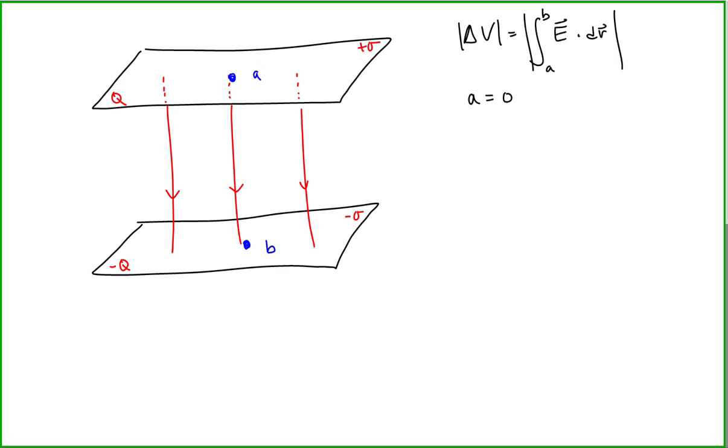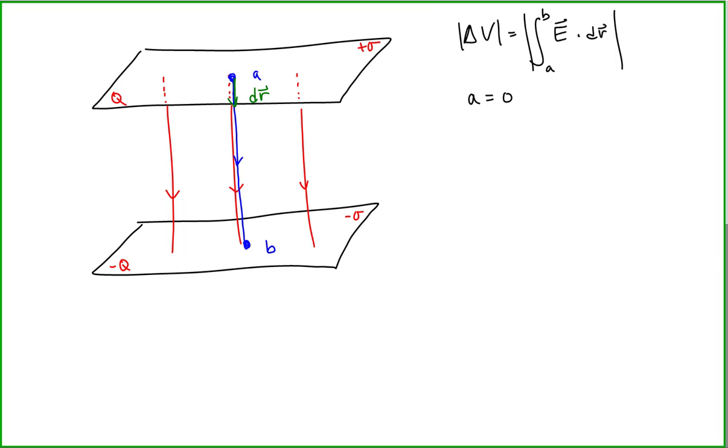Now, in order to evaluate this line integral, we need a line to integrate along. So we're going to take a path directly from point A to point B. Here is our path, and we're going to look at a tiny bit of displacement on that path. That tiny bit of displacement is going to be given as dr vector.